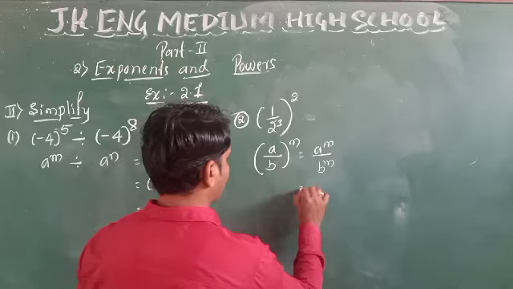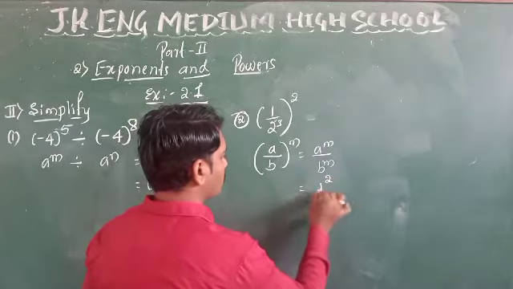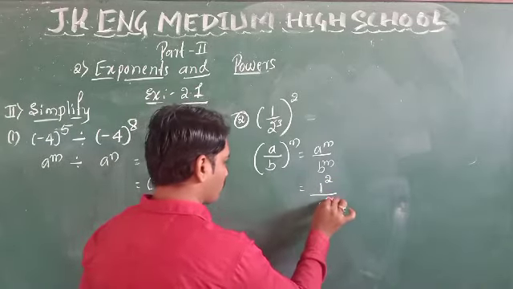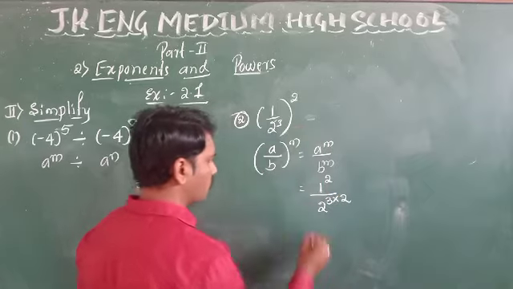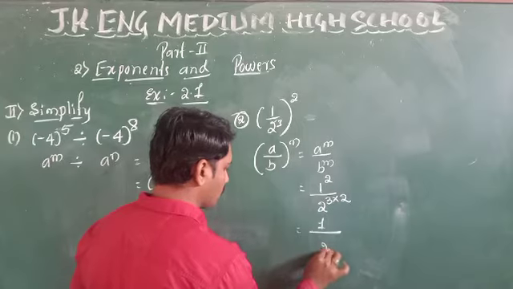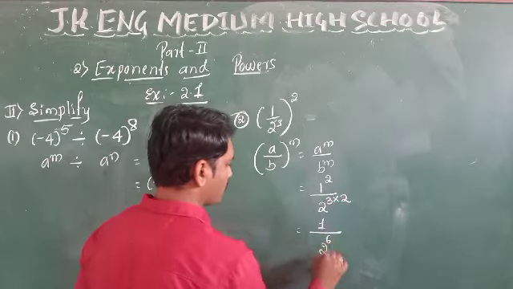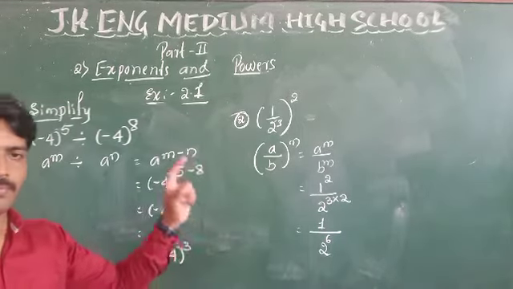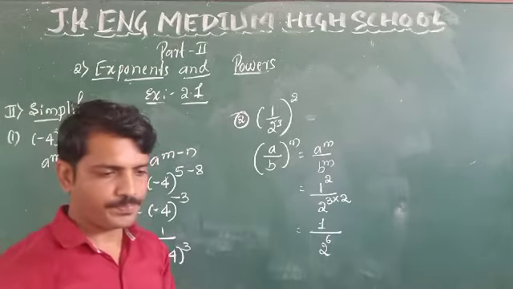Okay, I will simplify that. 1 to the power 2 divided by 2 to the power 3 into 2. 1 to the power 2 means 1, 2 as it is, 2 threes are 6. So this is your final answer.